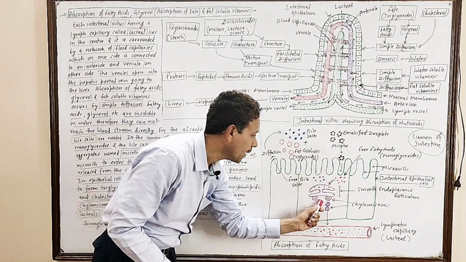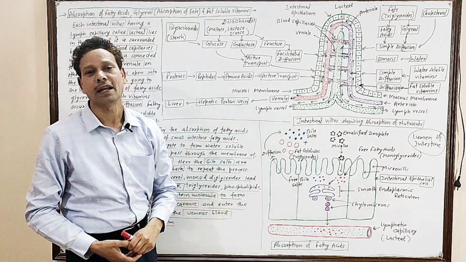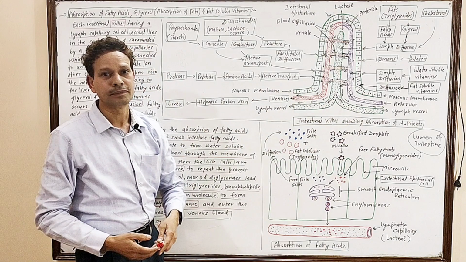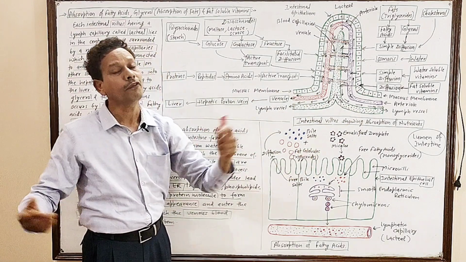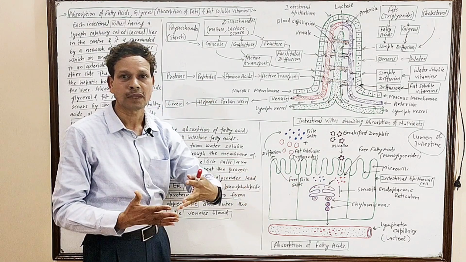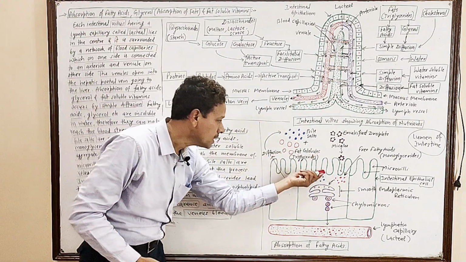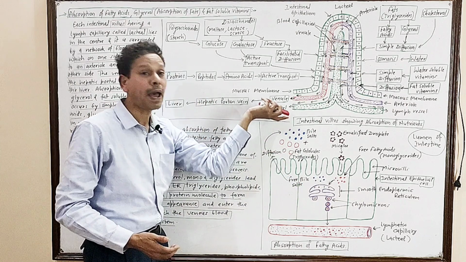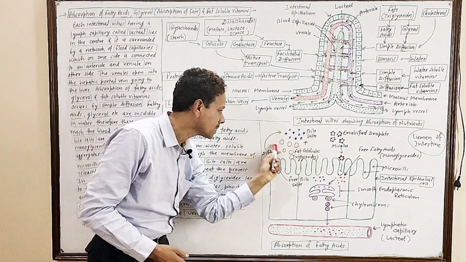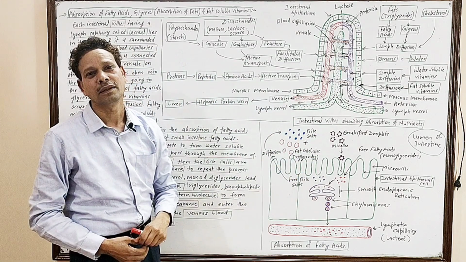In these epithelial cells, intestinal cells, from these micelles all substances become free. It means the bile salts are released, and these bile salts diffuse back into the lumen to repeat the cycle, to repeat the process.